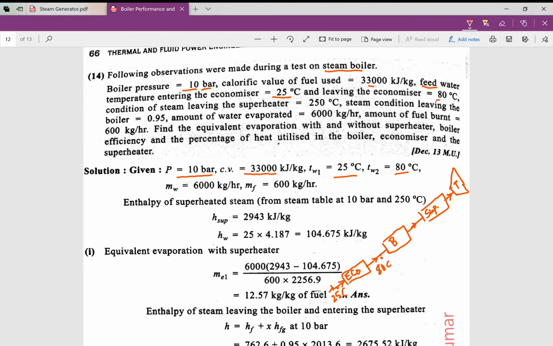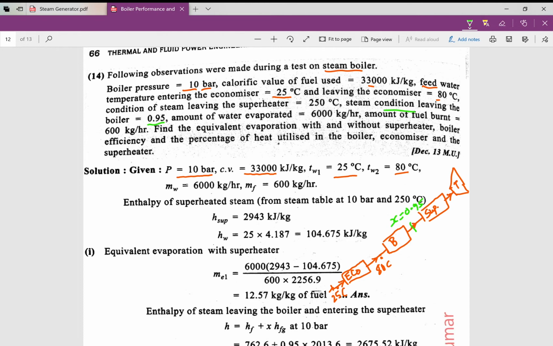So dear students, other values are: steam condition leaving the boiler is 0.95. Leaving the boiler here, value of x is equal to 0.95.